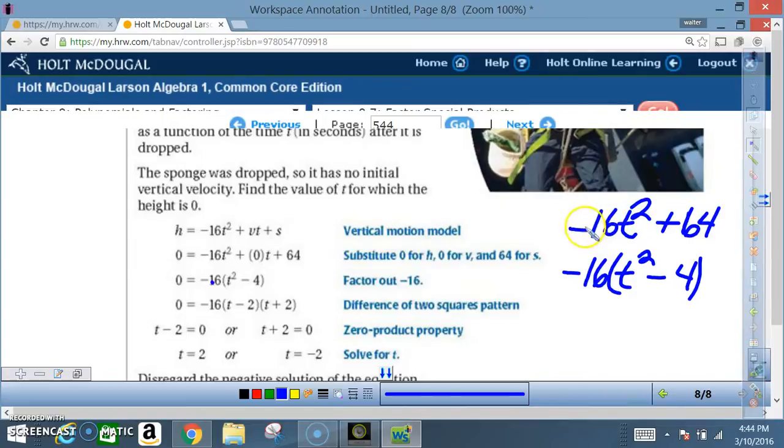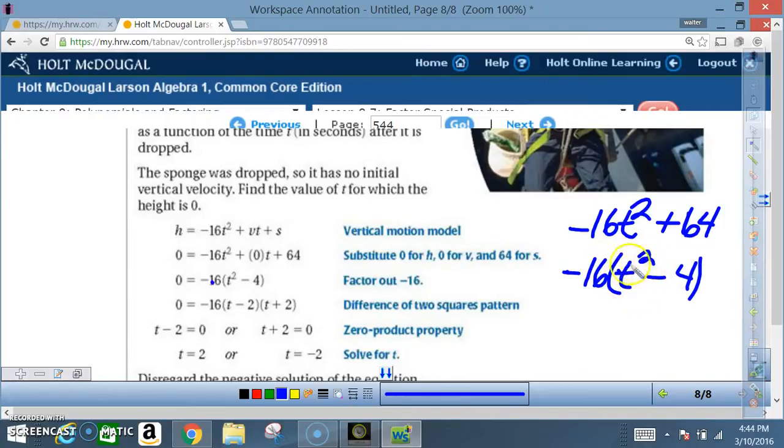When you write the negative 16 on the outside, negative 16 divided by negative 16 is a positive 1. So all you're left with is t squared. Then you say 64 divided by a negative 16. That's going to end up being a negative 4. So now you have the difference of two perfect squares.